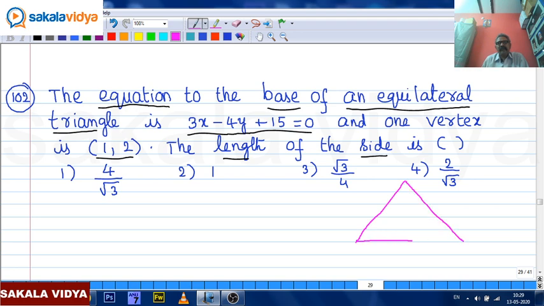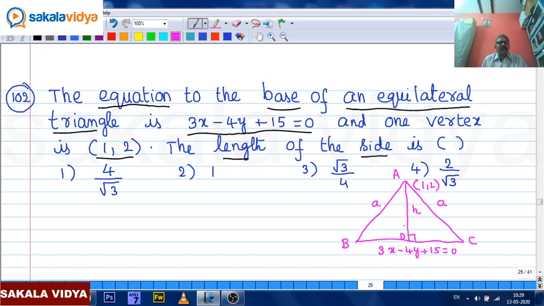This is not to the scale, don't worry. Say points A, B, C. Let us say this equation is 3x minus 4y plus 15 equals to 0. Drop the perpendicular, say this is H, this will be point D. So A coordinates are 1 comma 2.